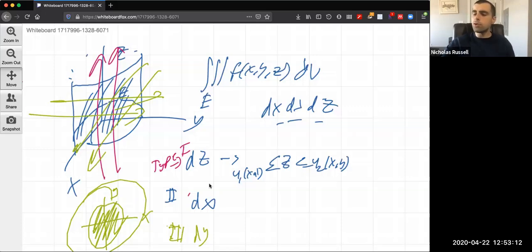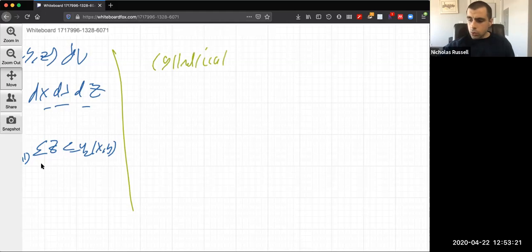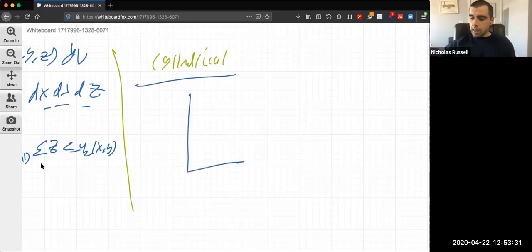Now, we do have two other types of coordinate systems that we'll be talking about. We have the cylindrical coordinate system. And what this says is that if I give you a point here, I can tell you the x, y, and z coordinates of it, or what I could do instead is tell you the z coordinate of it.